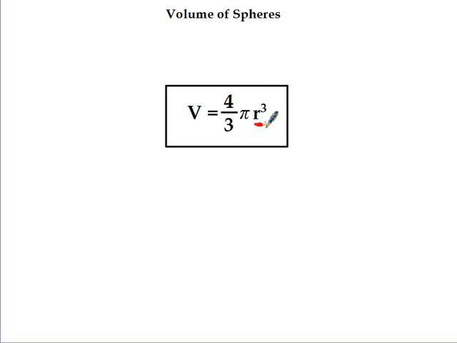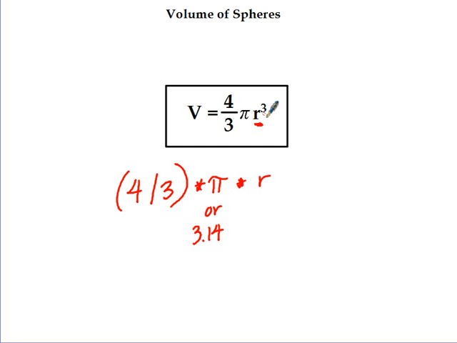But if I were to plug this into your calculator, you would just take 4 divided by 3 and put that in parentheses so it knows it's a fraction, then times pi, and you can use calculator pi or 3.14, times your radius, whatever your radius is.